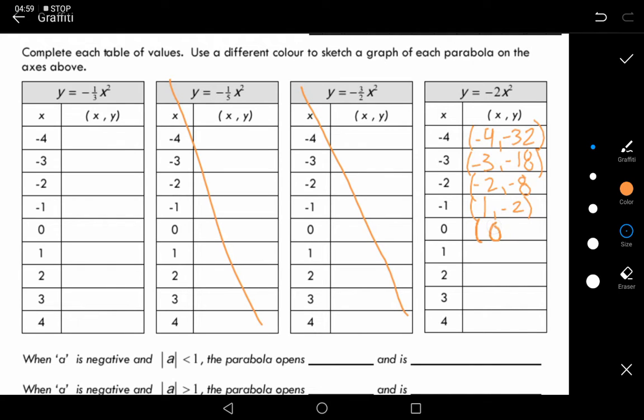Again, this is always just going to be 0, 0 for the time being. 1 squared is 1 times negative 2 is negative 2. 2 squared is 4 times negative 2 is negative 8. 3 squared is 9 times negative 2, which is your negative 18. And lastly, 4 squared is 16 times negative 2 is that negative 32.